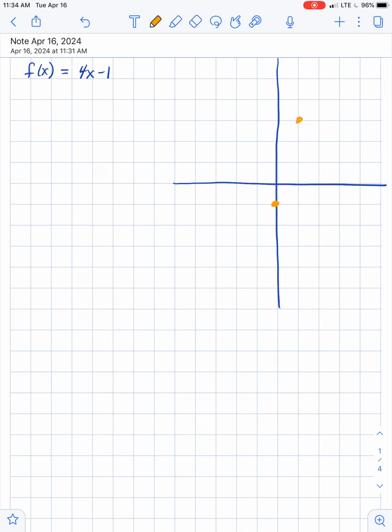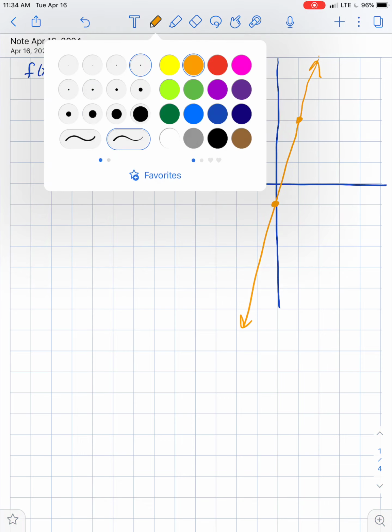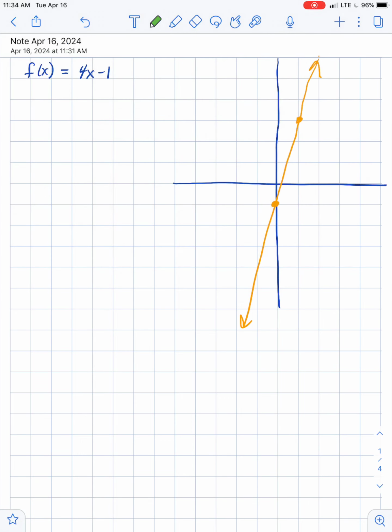Okay, and so that would be my line. Sorry about that, kind of a bad line. The other thing that I would do is I would always dot in my y equals x line.